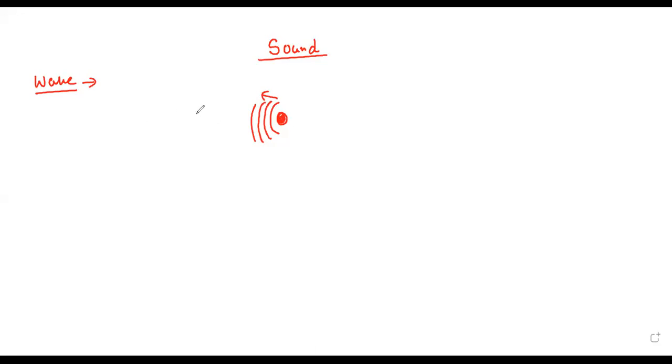This disturbance in water is called a wave. So a wave is a phenomenon of movement of disturbance in a medium, which is due to vibration. This is the movement of disturbance, and the reason behind that is that the particles are vibrating.